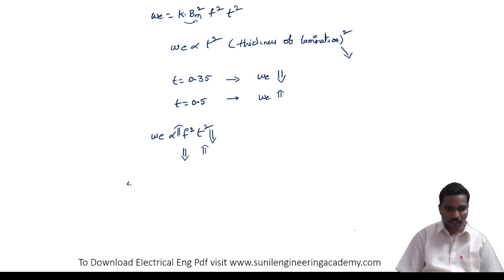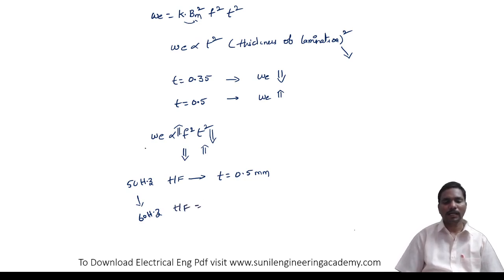That means if you have a 50 Hz transformer, then you can go with 0.5 mm thickness. Generally, as the frequency is more, eddy current losses will be more. So to get the same eddy current losses, what do you need to do?